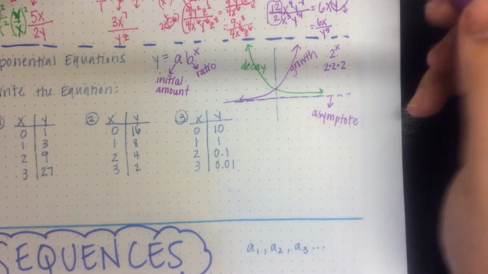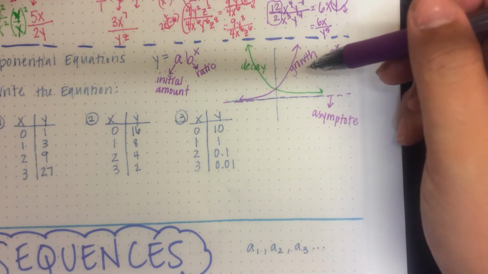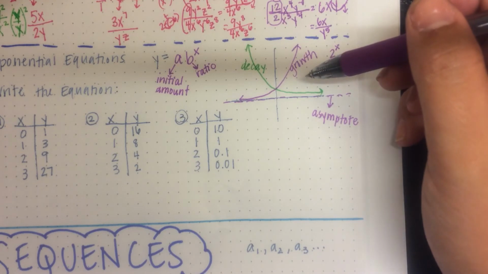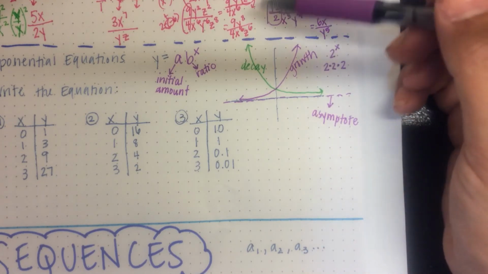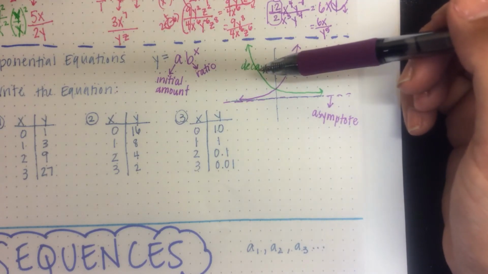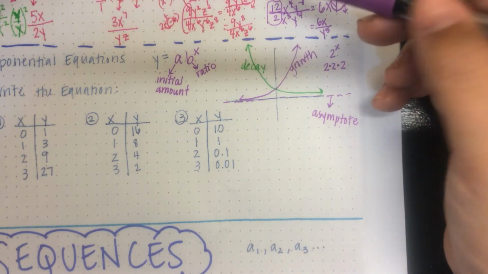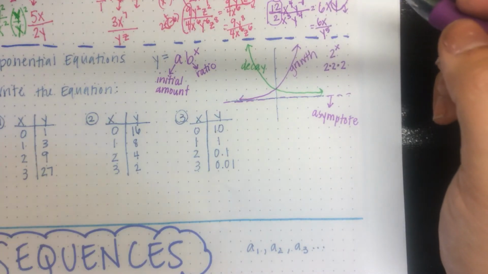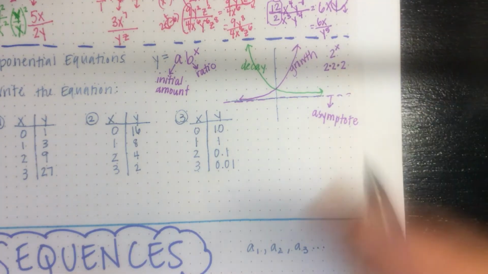All right, so if I'm getting bigger every time, that means that I'm multiplying by a number bigger than 1, like 2, 3, 5, whatever. If I'm getting smaller, it really means I'm dividing by a number every time. But if I wanted to divide by a number, that's the same as multiplying by a fraction. All right, so I'm multiplying by a percent.